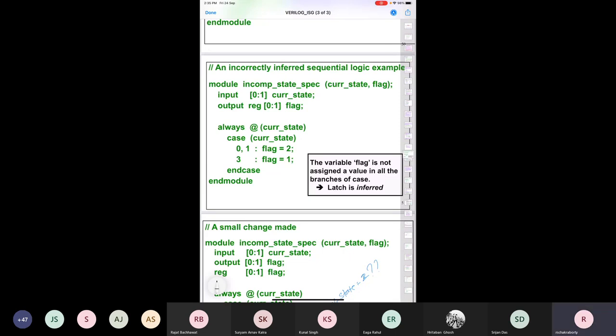The compiler sees that there is a case block in which 3 out of 4 cases are covered. What happens to the other case is not known.